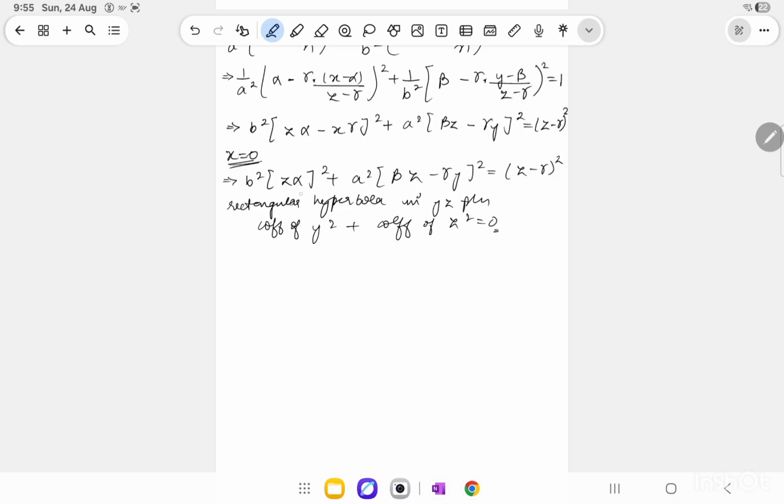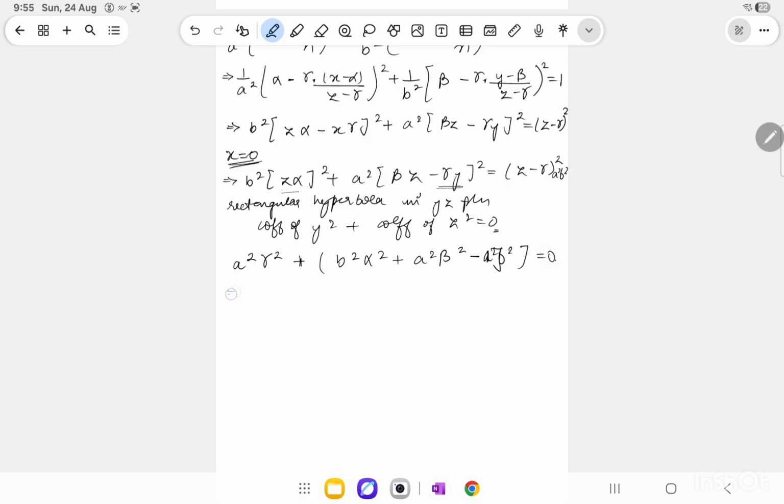So if I put the coefficient of y² and the coefficient of z² equal to 0, let's just find the coefficient of y². There is no term with respect to y, so from here I'll get the coefficient of y² as a²γ², plus the coefficient of z² will be b²α² + a²β² − a²b², because when we take the LCM here we'll get a²b² as well, equal to 0.